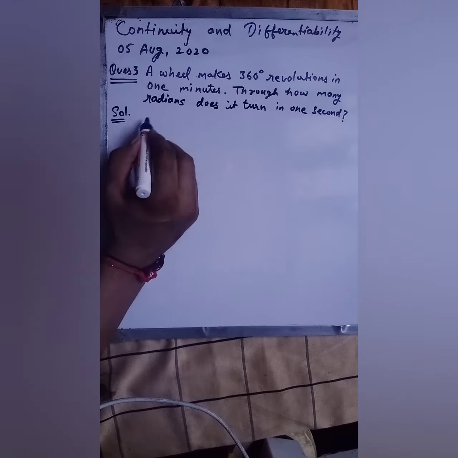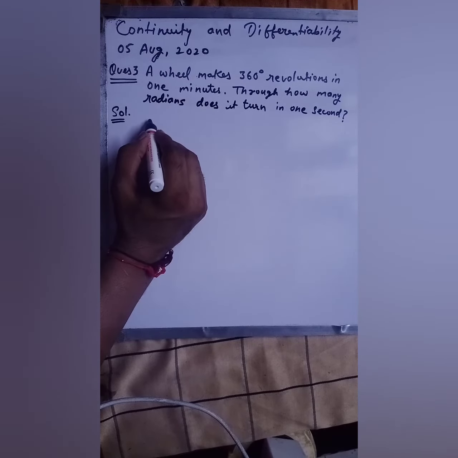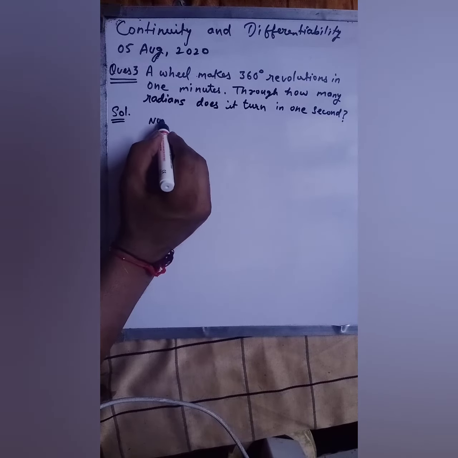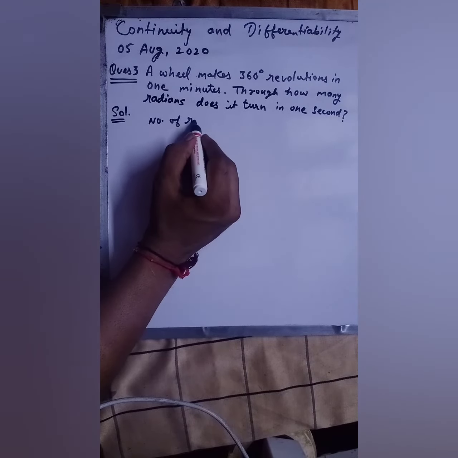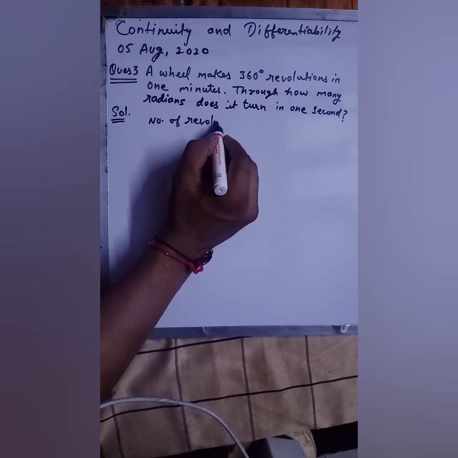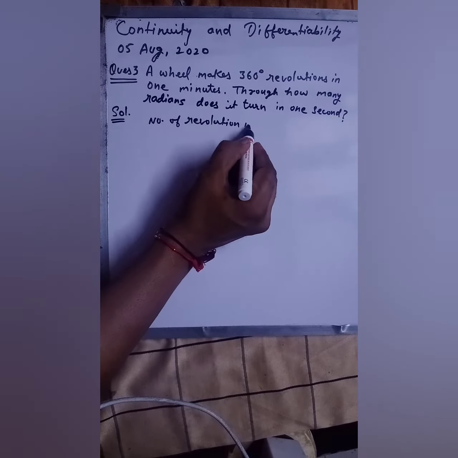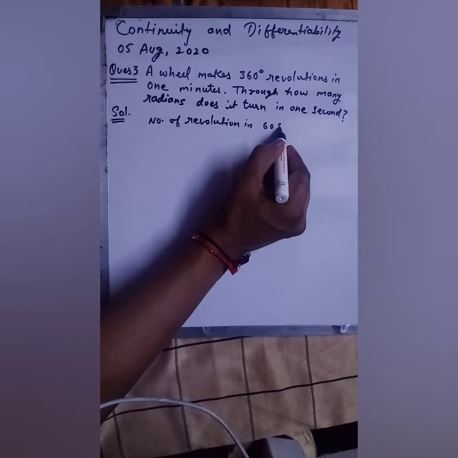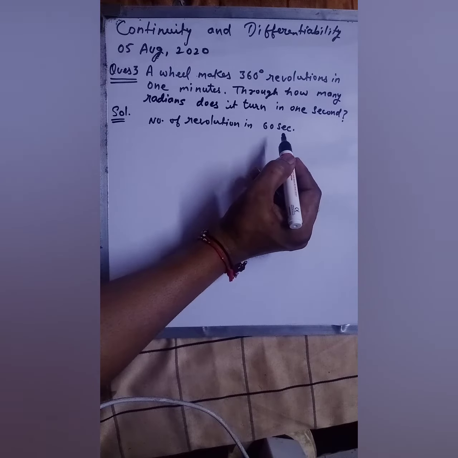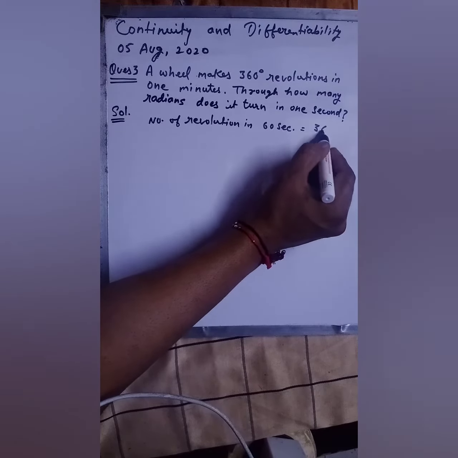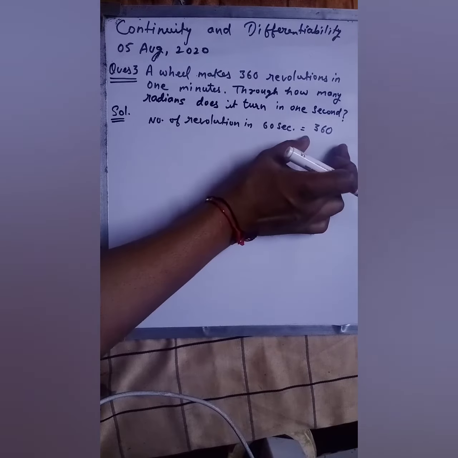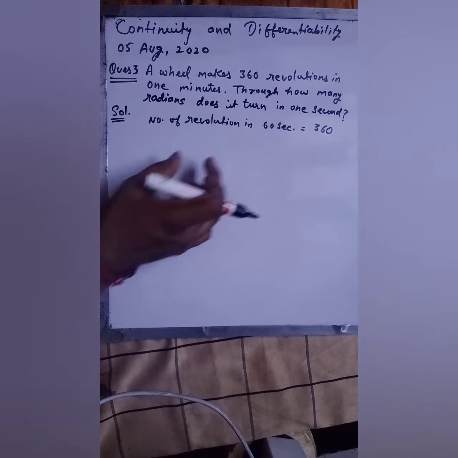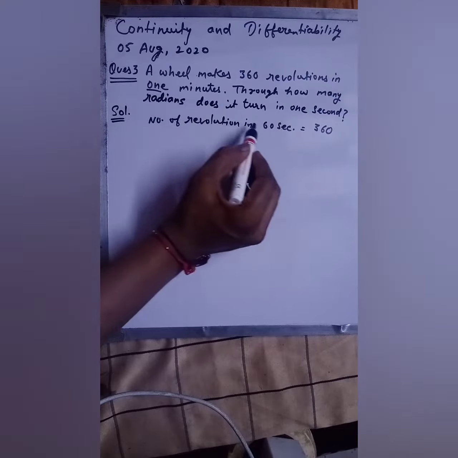First, what you will write: number of revolutions in 60 seconds, that is equal to 360. These are the total number of revolutions, 360 in 60 seconds, because 1 minute is equal to 60 seconds.